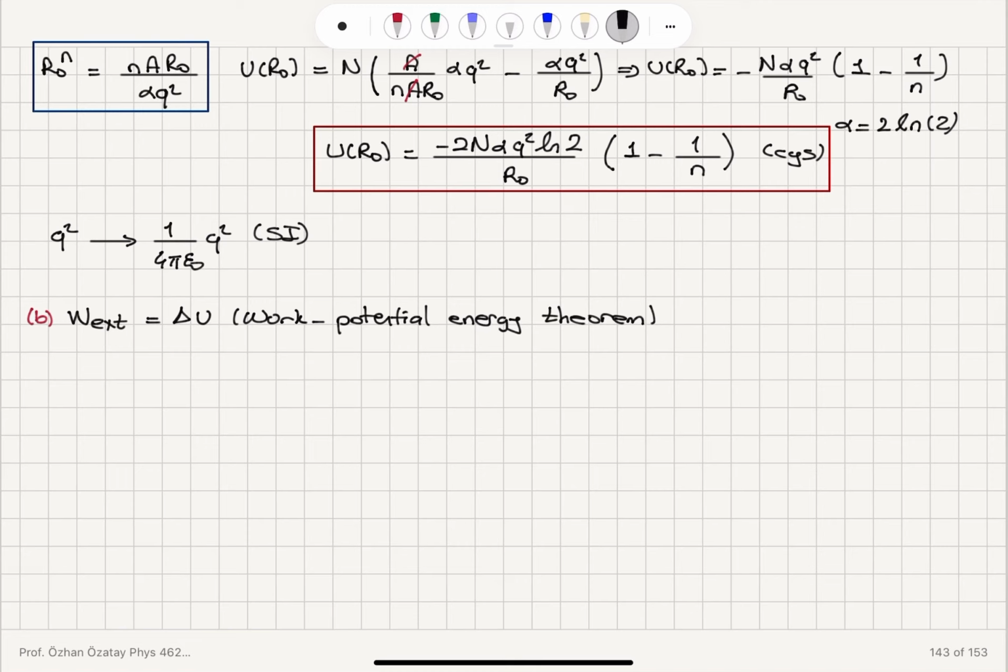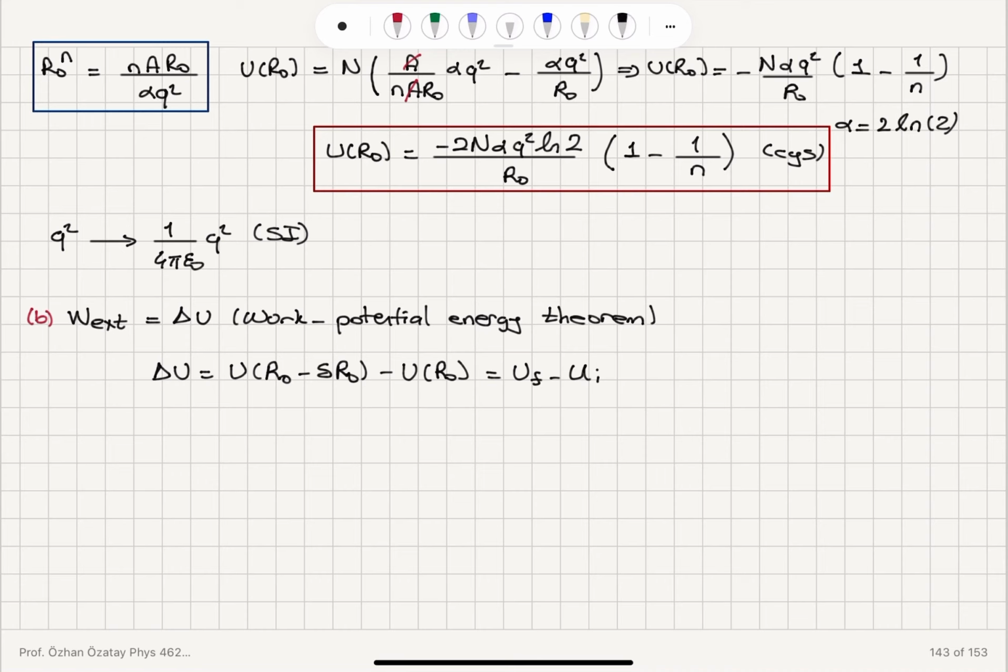Now, what will be the change in potential energy? It will be the potential energy evaluated at R0 minus delta R0, the new potential energy, minus the initial potential energy, U of R0. So this is equal to the final potential energy minus the initial potential energy.